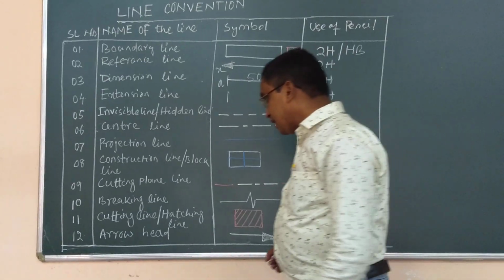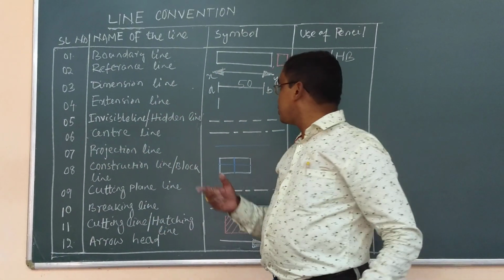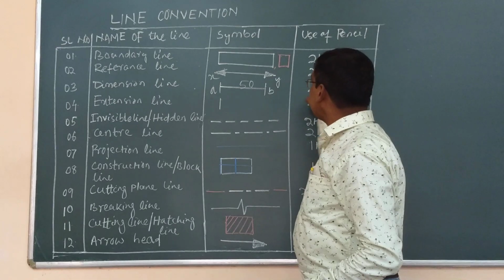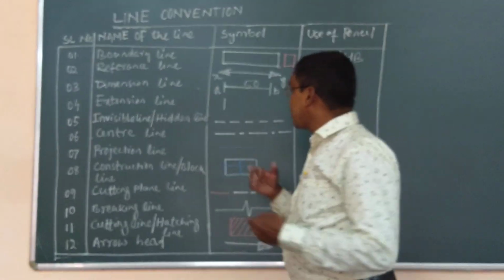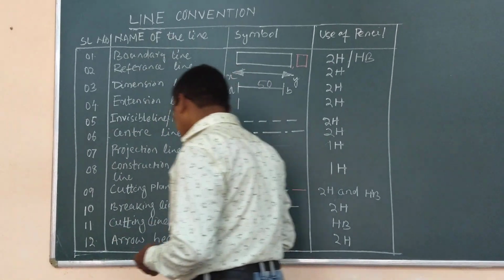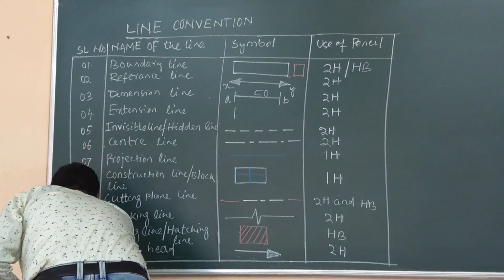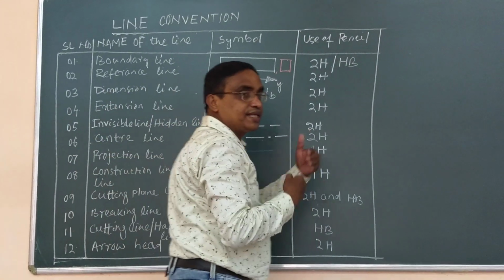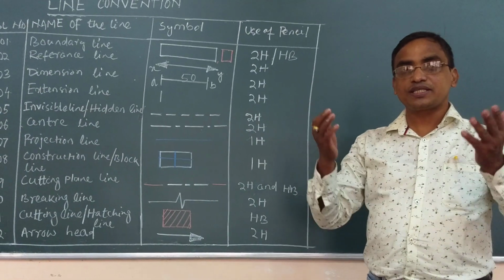Any text, suppose you want to write A, B, C, also use your 2H pencil. A, B, I have already written. You may use a 2H pencil or an HB pencil. Numerals 1, 2, 3, 4, use your HB pencil.